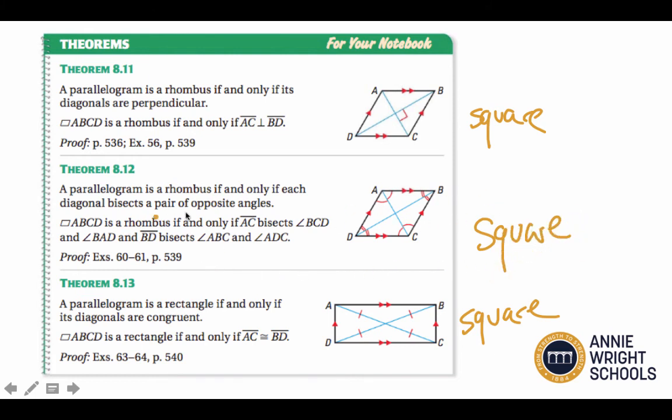Now, you can't replace rhombus with square here because there's more to make it a square. But if it is a square, then the diagonals bisect each other. If it is a square, then the diagonals are congruent. If a quadrilateral is a square, then the diagonals are perpendicular. So those properties are true.